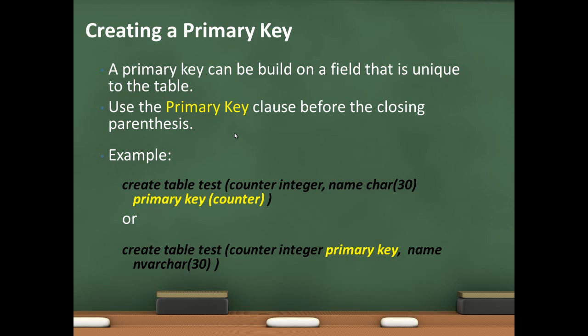Now, odds are the best method is probably going to be the second method. The second method you're going to put right down here, right after the column you want to be the primary key. In this case, I want counter to be the primary key. The moment the counter becomes a primary key, by the way, it becomes a unique column, which means there cannot be duplicates anymore. The definition of a primary key says it's unique, so it's going to automatically establish that rule for me. Now, where this will come in more handy is if I have more than one column I want to be my primary key.